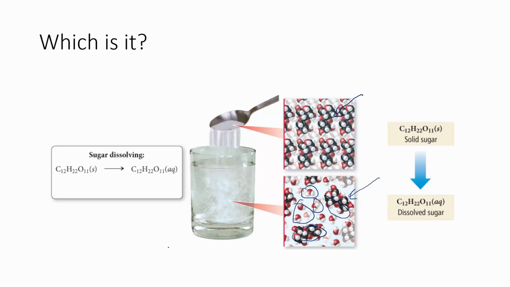So even though it looks like something has changed property-wise, a solid looks like it's disappeared and maybe turned into a liquid, it's not turning into a liquid. It's actually just being so finely mixed together that you can't see the individual crystals of sugar anymore, because they're so evenly mixed they basically become invisible to the naked eye. And so this is a physical change. When things dissolve, we're only looking at a physical change.